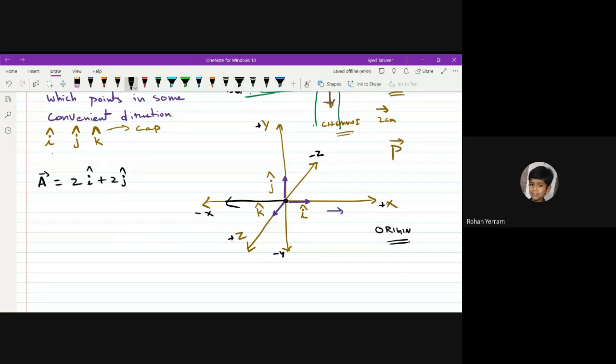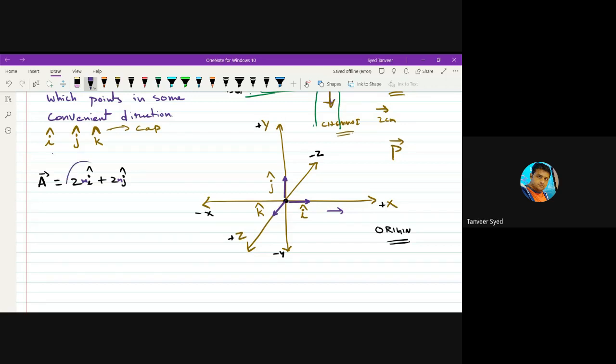Sir, it means two along the x-axis and two along the y-axis. Yes. See, meter is common here. 2 meter, 2 meter. Right.